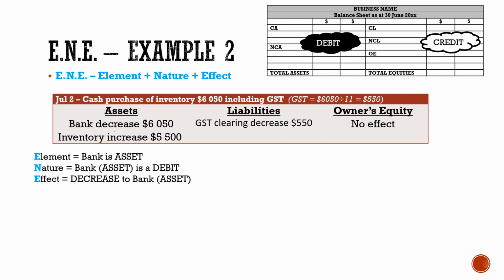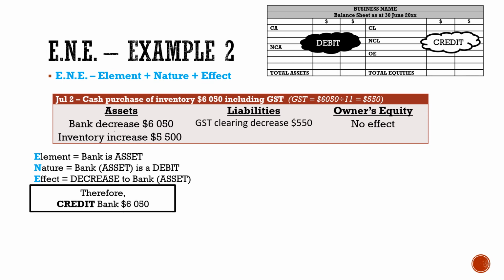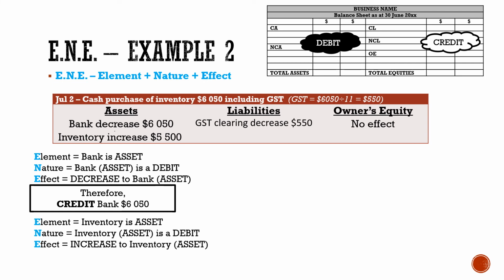Under assets, the bank is recognized as an asset, which has a debit nature. Since there was a decrease to the bank, therefore we credit the bank for the amount $6,050. Also under assets, inventory is recognized as an asset, which has a debit nature.